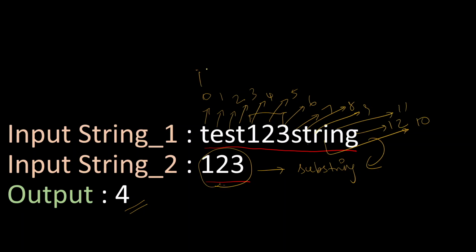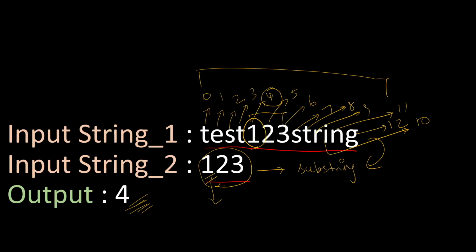So totally this is a 12 character string, that is string 1, and my output is 4. The 4th index value is 1, which means the output indicates the start index of string 2 in string 1.